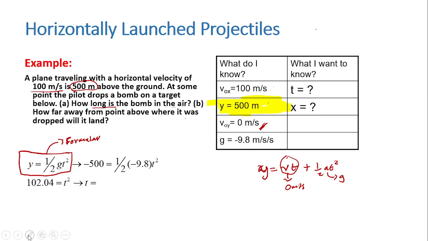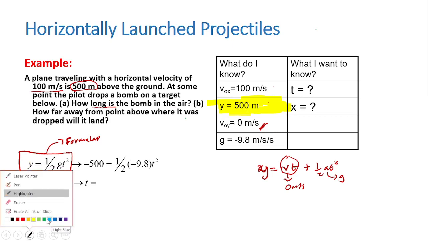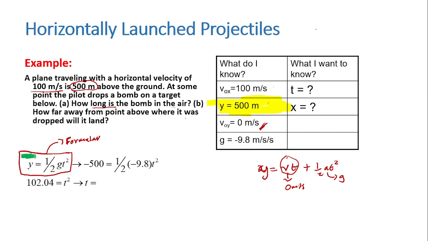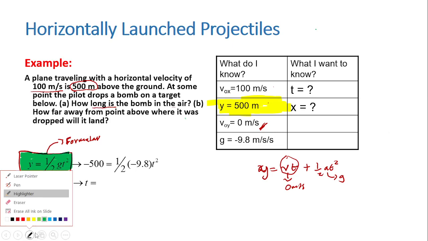And this formula you are seeing here should not run away from your mind. Even when it tries to run away, chase it until you catch it. The formula y equals half gt squared is the one which will help us find the time.